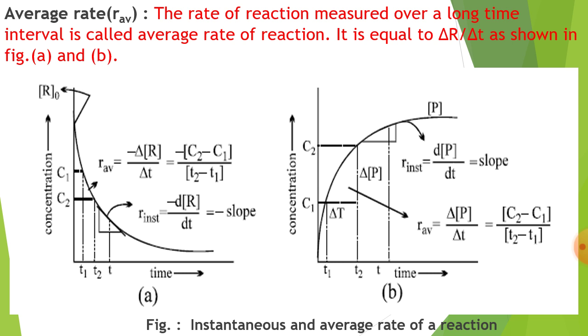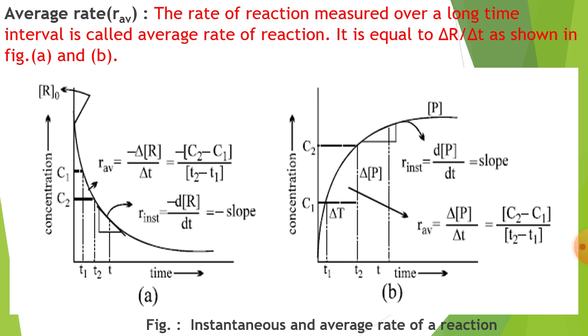So here you have to define two types of rates, average rate and instantaneous rate. Average rate is the rate of reaction measured over a long time interval. It is equal to delta R by delta T, as shown in figures A and B.